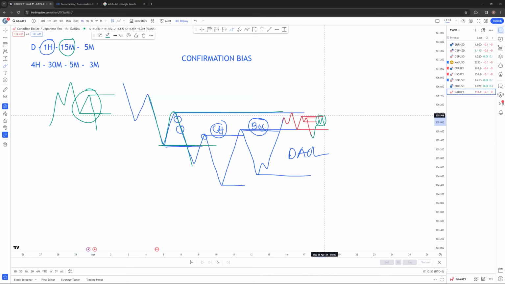Also, the price changed the character, and then this will now be the liquidity engineering in the 15 minutes. We can use this as our entry point and this as our stop loss. So when the price comes to this point, we will take the entry.